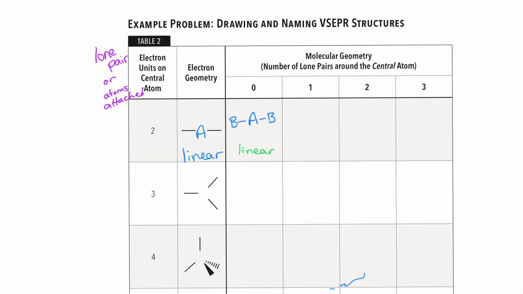If our central atom here has 1 atom attached and 1 lone pair, it'll look like this when we have our electron drawing. But when we're considering this molecular geometry, we don't draw the lone pair in.